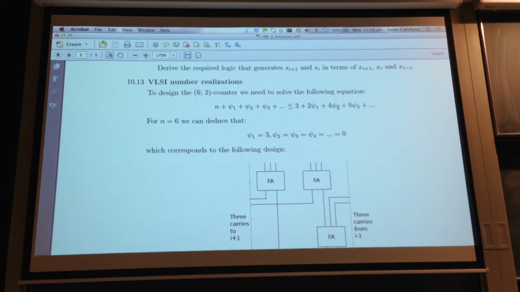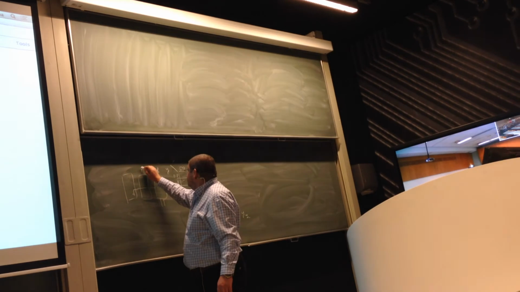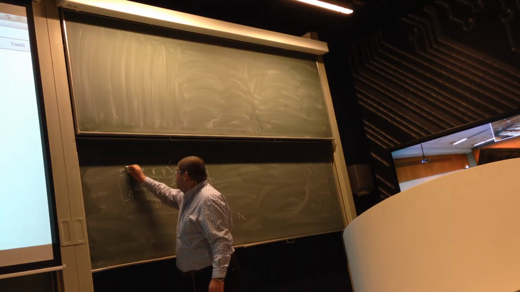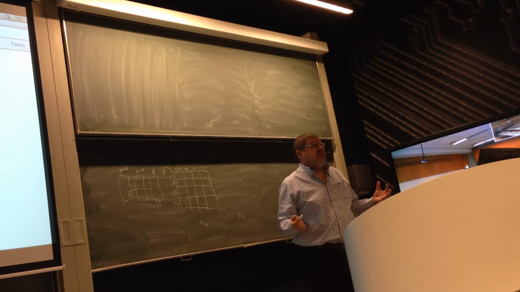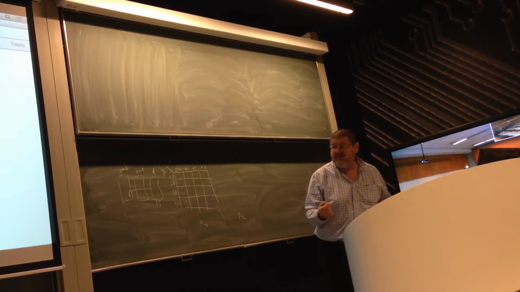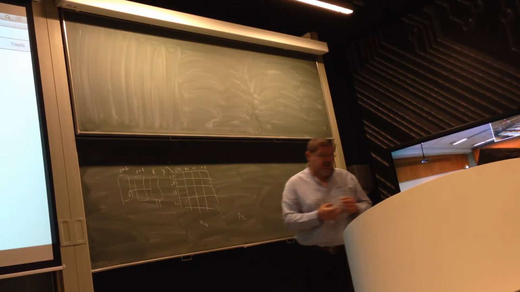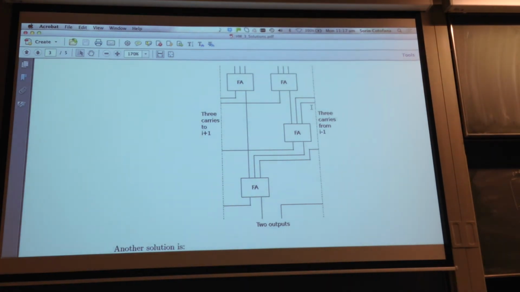Then, if those are my counters, okay, then I'm generating here 2 outputs for me, and I'm generating something which is going from here to this guy. And this is I plus 1, and this is I plus 2. Now this is also legitimate. It's fulfilling my equation. Now the question is how this design will look if I'm changing that.